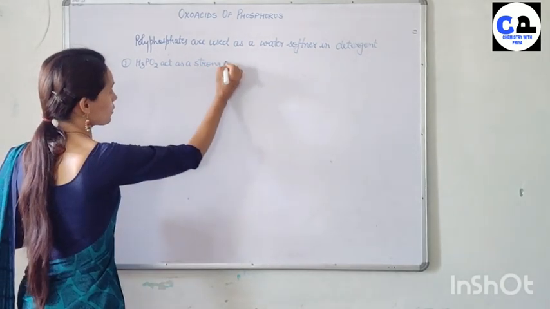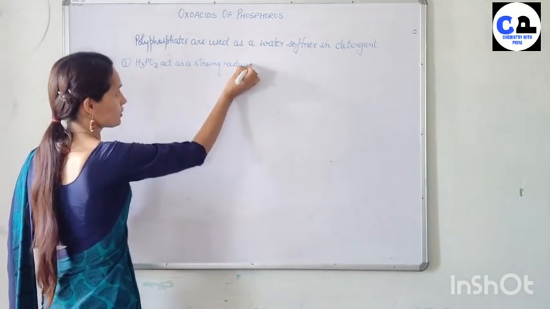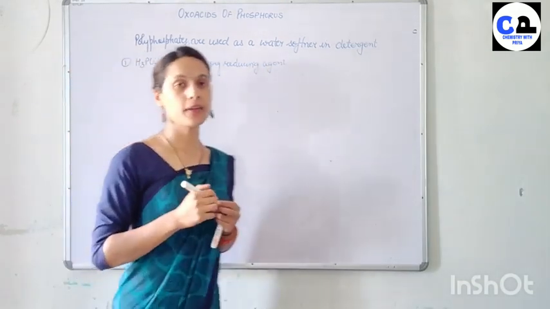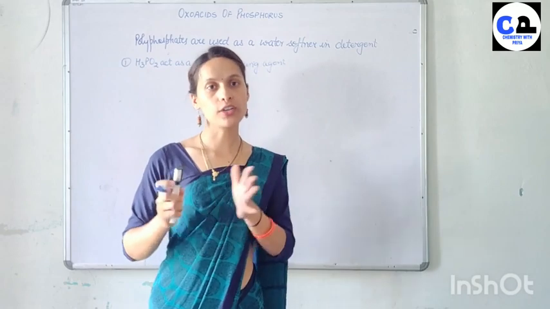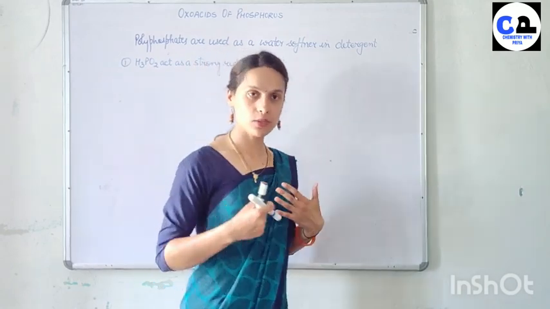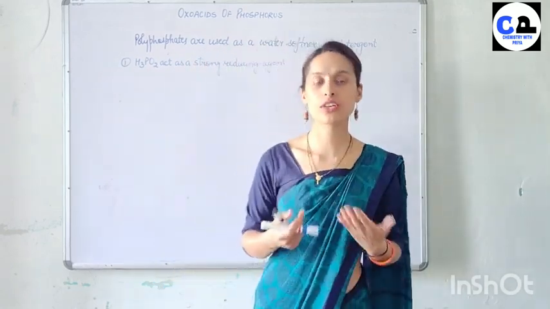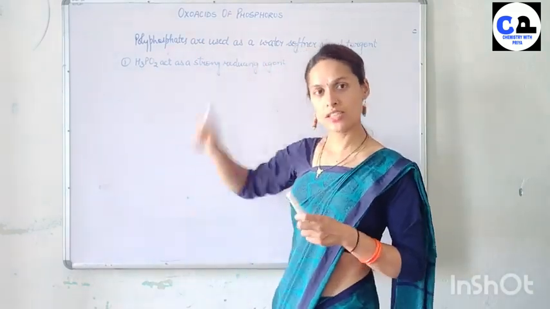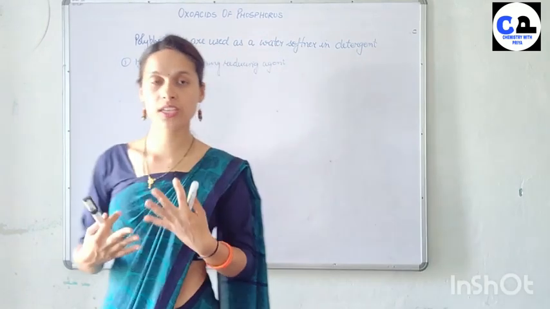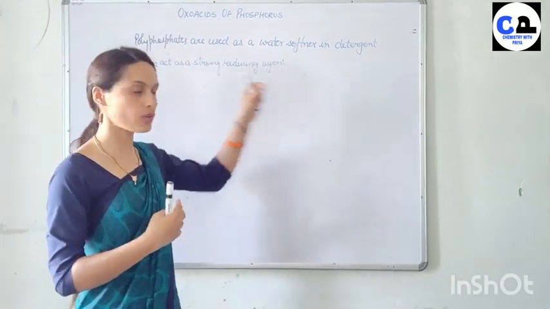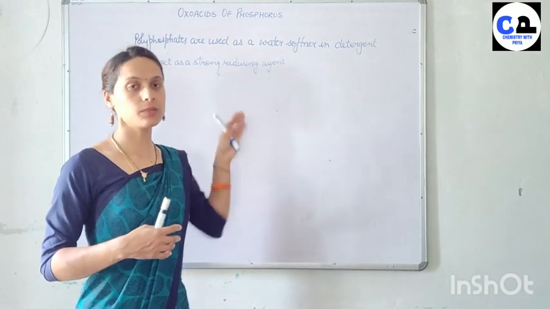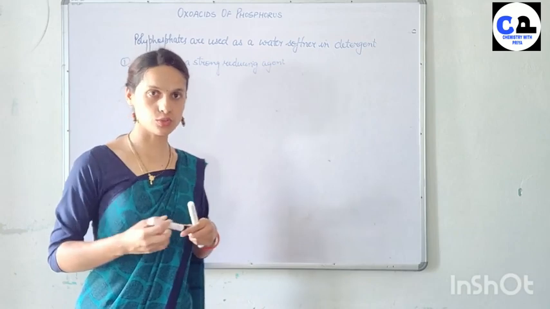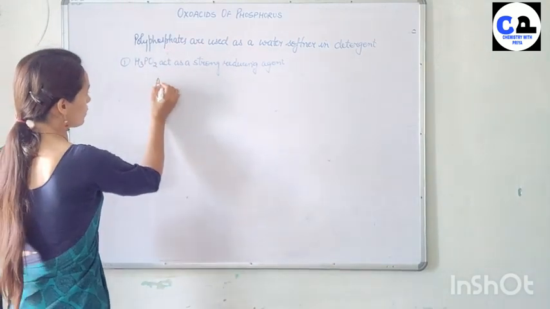Because of the presence of 2 P-H groups. And H3PO3 also acts as a reducing agent, but weaker than H3PO2. So H3PO2 is the strong reducing agent in oxoacids of phosphorus, while H3PO3 is weaker as compared to H3PO2.